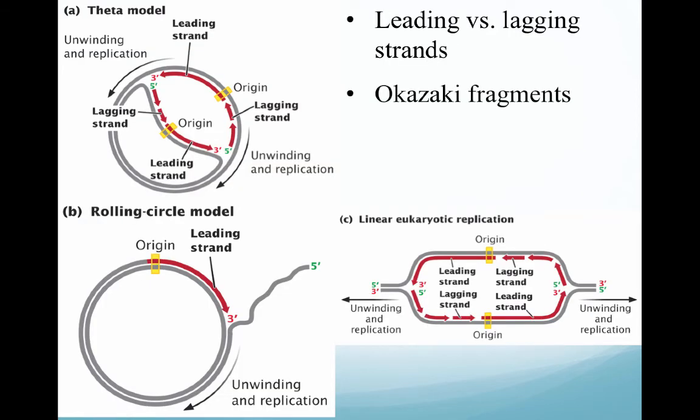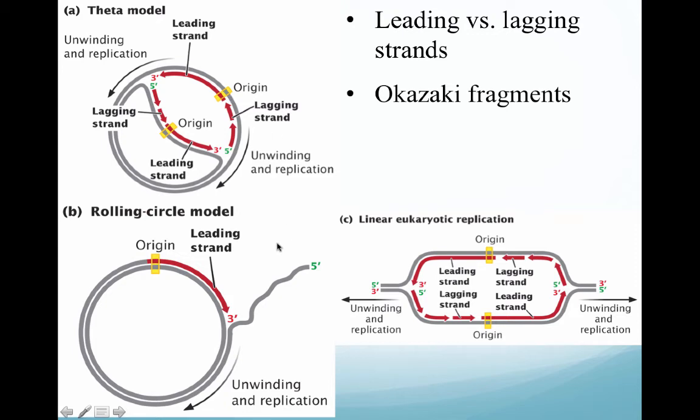Here are some figures of the different types of replication that can take place. Again, the theta model has to do with bacterial systems with circular chromosomes. The leading strand is going to be complementary to the original template, and it is going to be synthesized in a 5' to 3' direction.